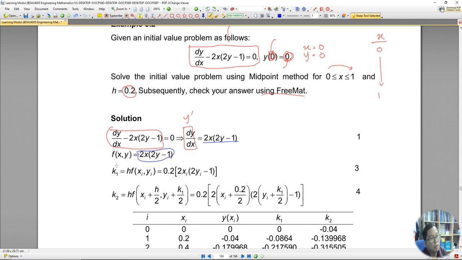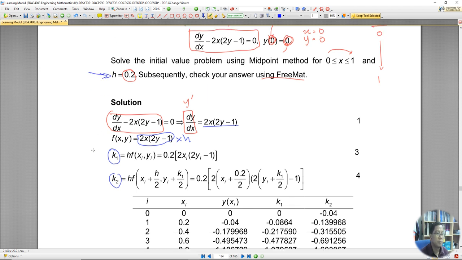And the second formula is about k1, and this last one is k2. For k1, it is slightly straightforward. We just multiply h with this function, meaning that this equation is multiplied by the h value. The h value is 0.2 here.